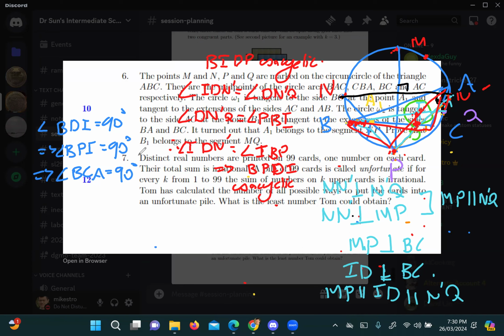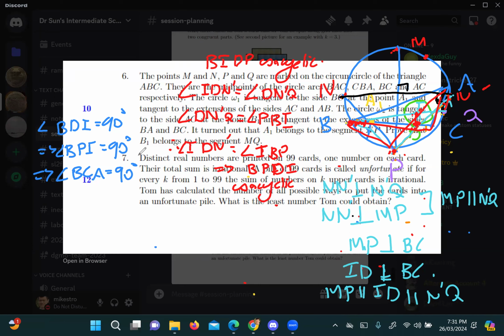Does everyone know what he's talking about? So we're using the fact that BIDP is cyclic to show that the angle at P is 90 degrees. BPI.